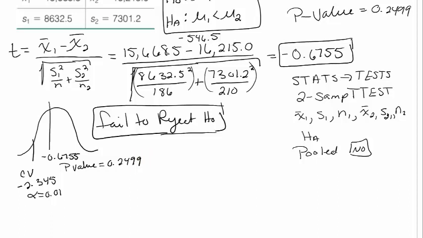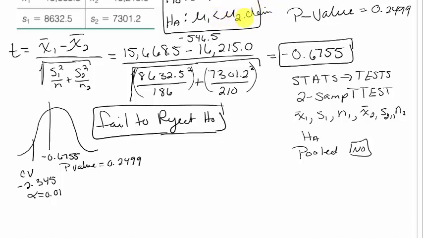Since we're failing to reject the null, which means that we're basically rejecting the alternative hypothesis, we do not have enough evidence to support our alternative hypothesis, which is our claim. So you're always making this conclusion statement about our claim.